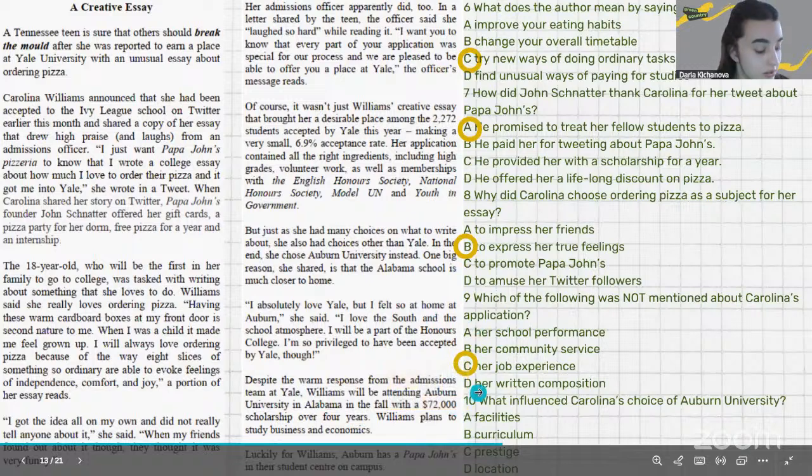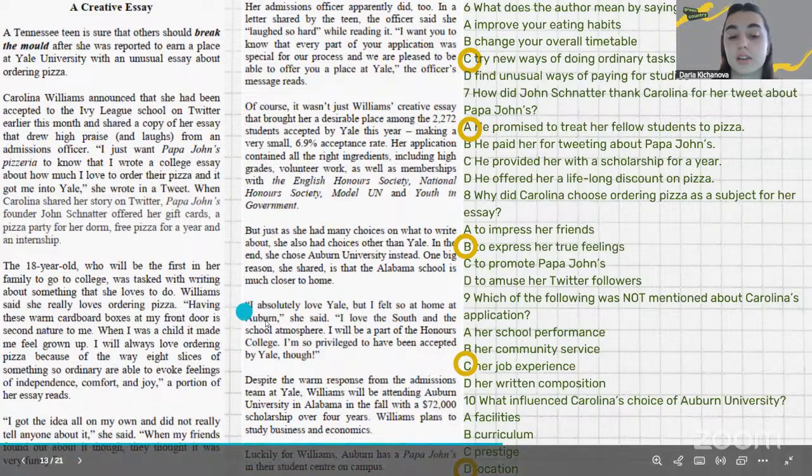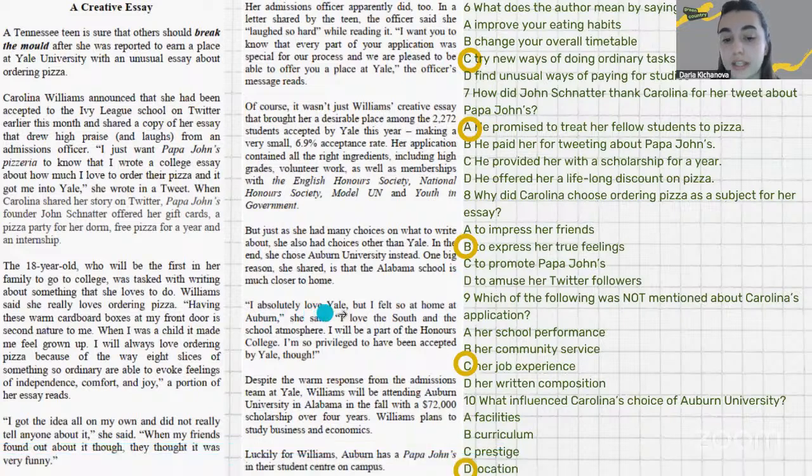So the answer is, we have D, right. She said, I absolutely love Yale, but I felt so at home at Auburn. So here we can see that she wanted to stay at home because she felt it, and that was the factor that influenced her choice.